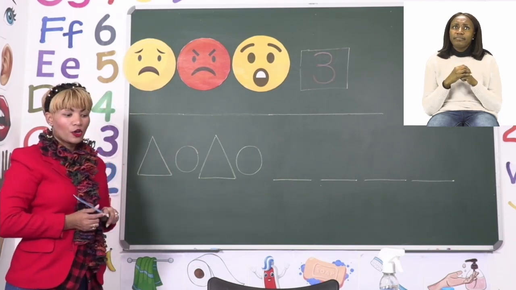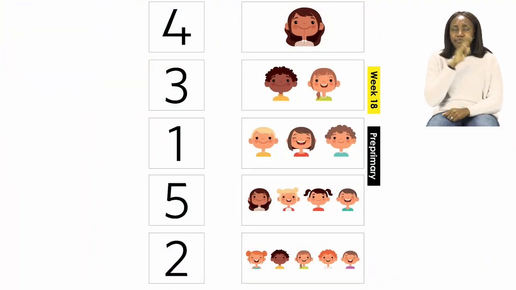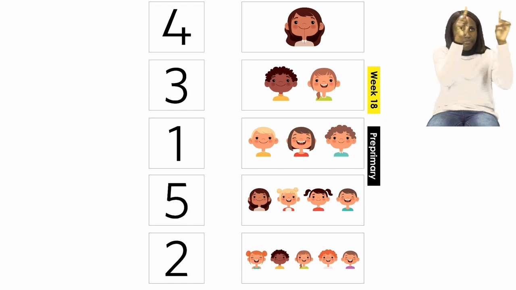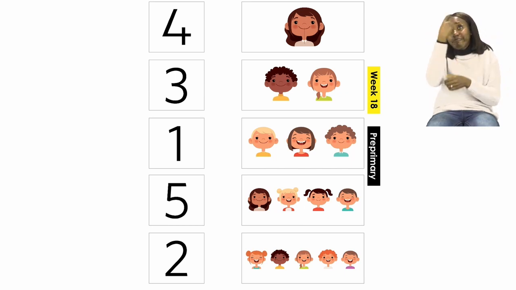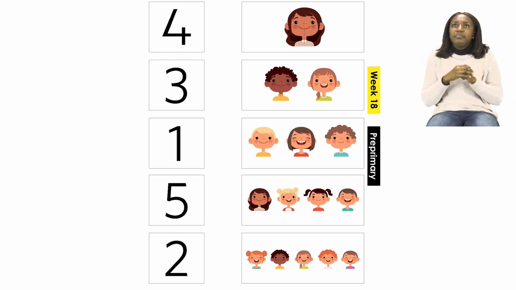In the booklet on page 25, let's go there, you will see that next to each picture you have a number. But the number next to the picture is not the same as the amount of faces in that picture. So what you have to do is you have to match.